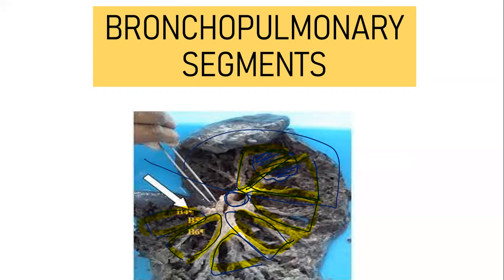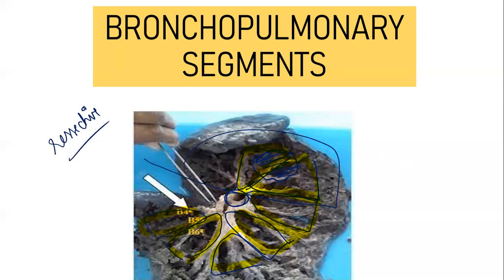So in order to have a resective surgery, where I confine my surgery to a part of a lobe, bronchopulmonary segments are going to help. Suppose it's a benign tumor which is present here. It is very essential to remove these two segments alone, leaving all these segments free.